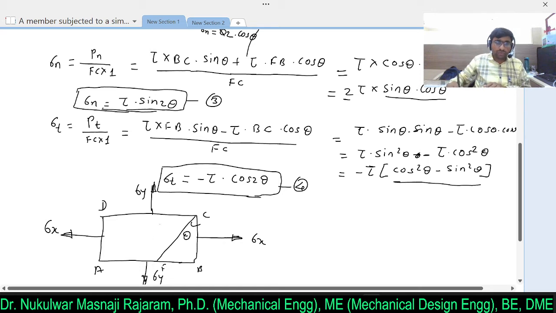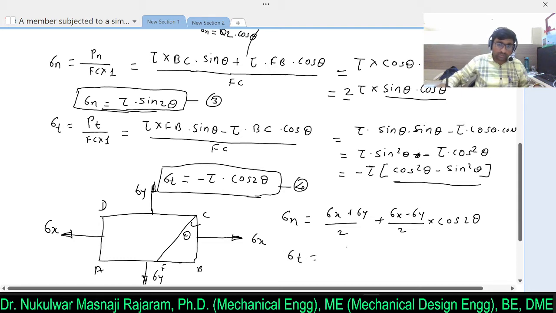Clear? So from this we evaluated the formula for the normal stress and the tangential or shear stress. Sigma n was sigma x plus sigma y divided by 2, plus sigma x minus sigma y divided by 2 into cos of 2 theta, and tangential stress was sigma x minus sigma y divided by 2 into sine of 2 theta.